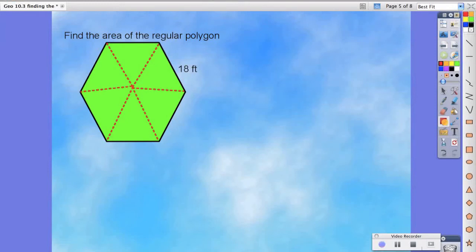Now these lines in blue that we're creating are referred to as the apothem, or the height within each shape. And by doing this extra line for the apothem, instead of having 6 triangles, we actually have 12 because we're doubling each one up.